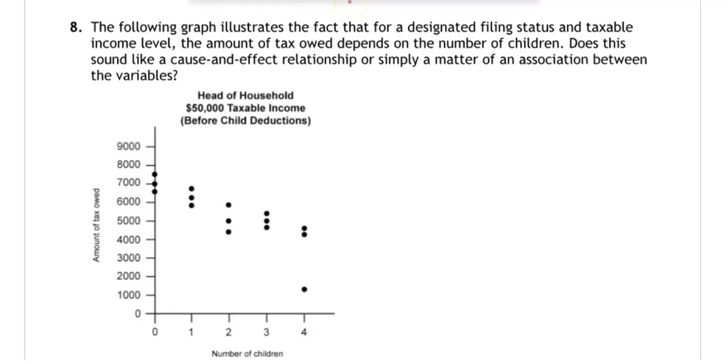Cause and effect: the tax code is designed so that each additional child reduces the amount of tax owed. It's literally how it's written, that as you get more children, you're going to owe less in taxes.